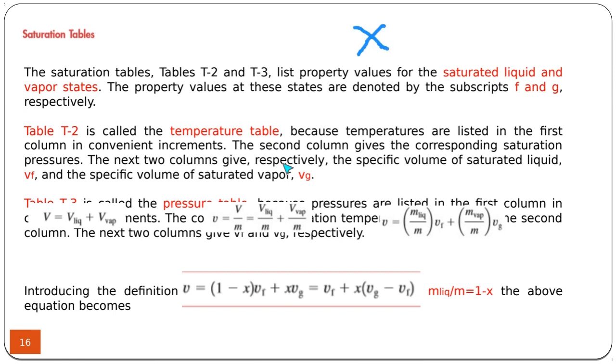The quality is mass of the vapor divided by the total mass. So once you have the quality, you can use it for calculating the properties in the mixture.